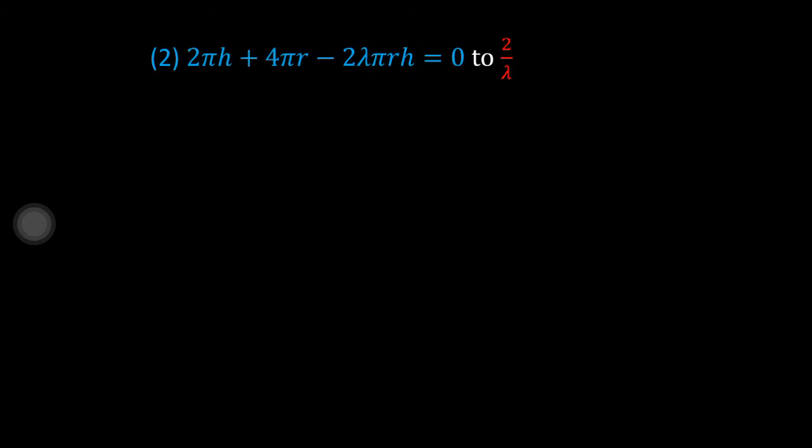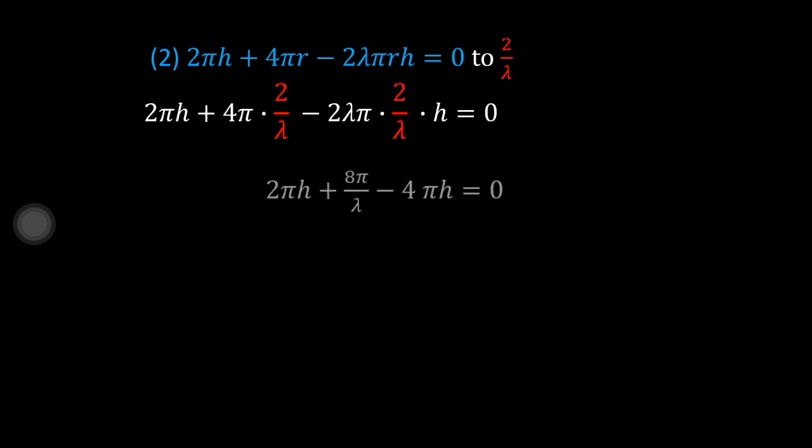Yung equation 2 natin is 2 pi h plus 4 pi r minus 2 lambda pi r h is equal to 0. So, substitute natin yung 2 over lambda sa r. So, 2 pi h plus 4 pi multiplied to 2 over lambda minus 2 lambda pi multiplied to 2 over lambda multiplied to h is equal to 0.